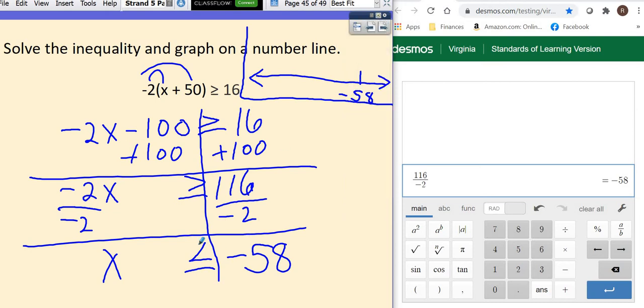All right. Since this is less than or equal to, that means I need a closed circle at negative 58, and then my shading goes towards smaller numbers because it matches that. So that's how you would graph it. So any number down here where the shading is would be a solution to this question. Anything up here where there is no shading would not be a solution.